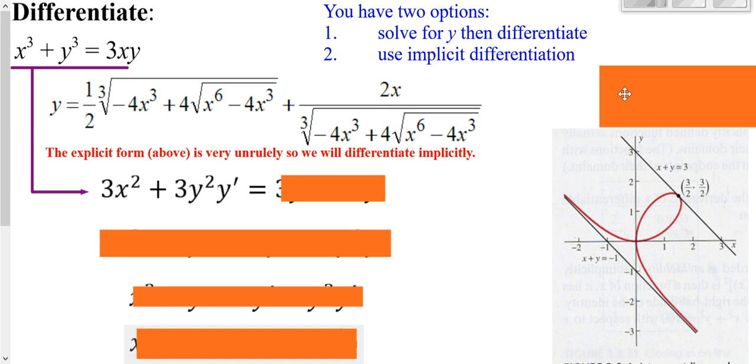Right-hand side, we'd have to do our derivative there, but notice, product rule! Woohoo! So, derivative of the first, derivative of 3x is 3, times the second, plus the first, which is the 3x, times the derivative of the second. Well, derivative of y with respect to x is y prime.